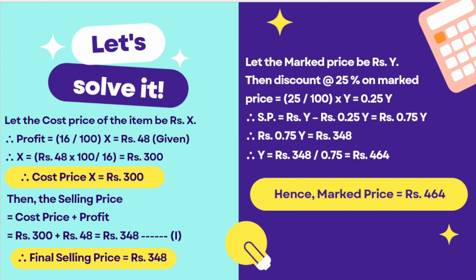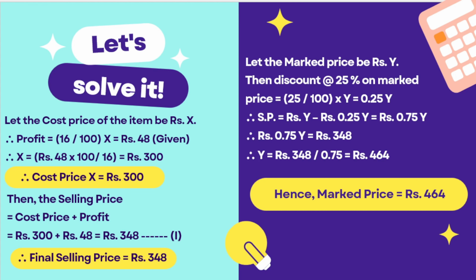This can be equated with the value of selling price as calculated in equation 1. So we can write, rupees 0.75y is equal to rupees 348. Therefore, value of y is equal to rupees 348 divided by 0.75, which comes to rupees 464. Hence, the marked price y is equal to rupees 464.